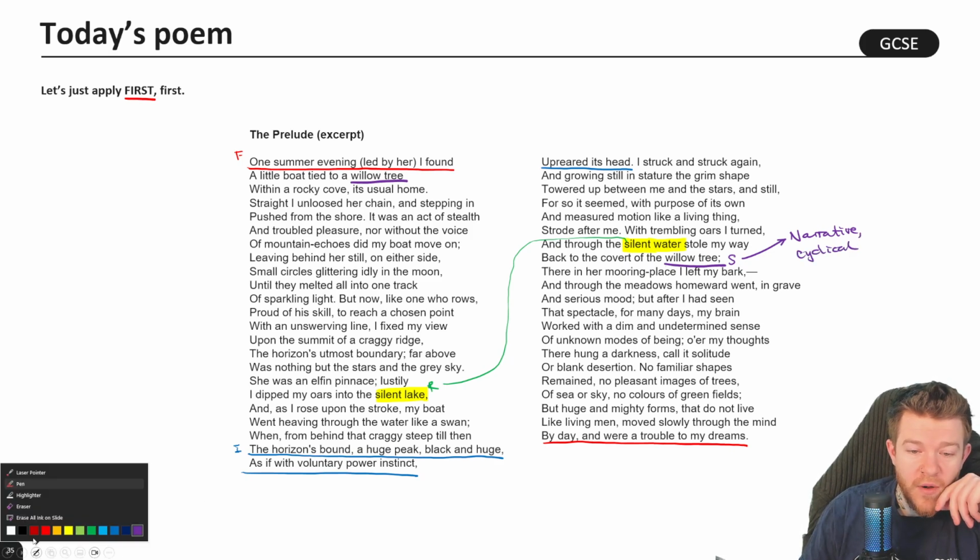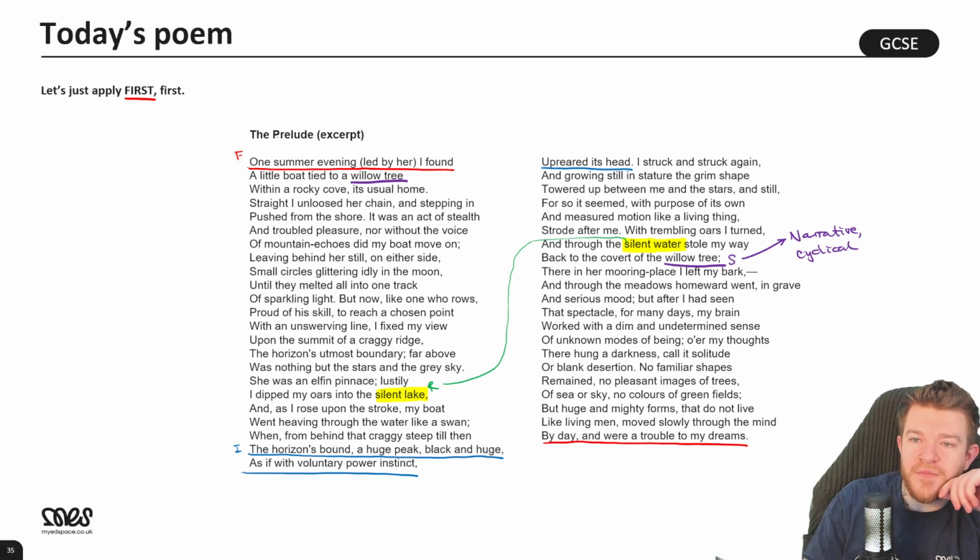And then finally, although ironically it is the first thing that we see, I'm going to be looking at the title, and the title is The Prelude, excerpt. So the key thing to remember there is it is not the whole thing. Okay, so notice that I've started doing my actual annotations now.